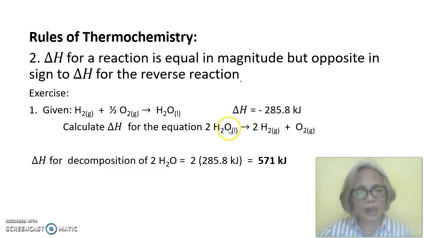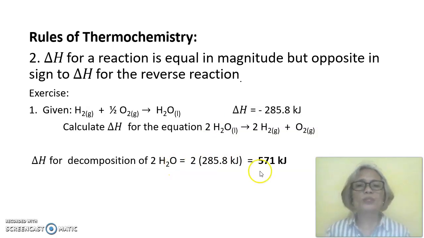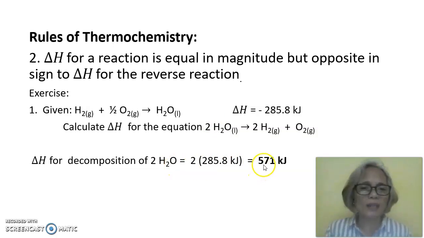For the reverse reaction, but this time with 2 moles, we multiply this by 2, so 285.8 times 2, but we get the opposite sign. Why? From negative it becomes positive because of rule number 2, because the reaction is reversed. So for the decomposition of 2 moles of water, delta H is 571 kilojoules.